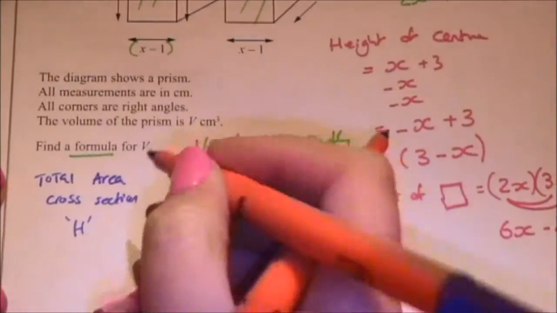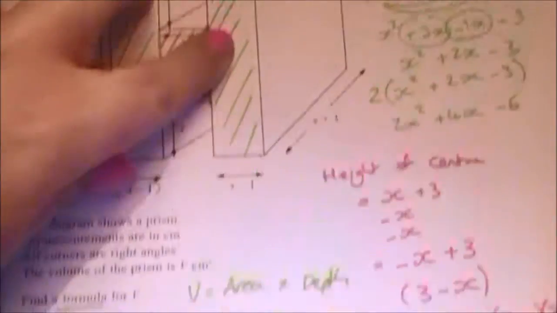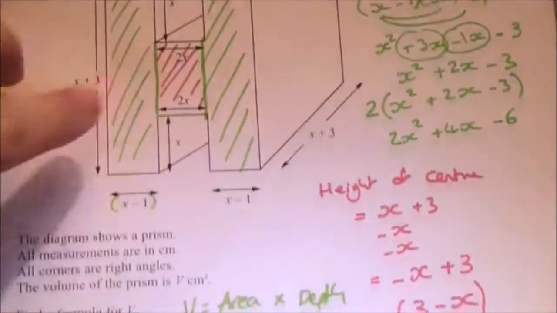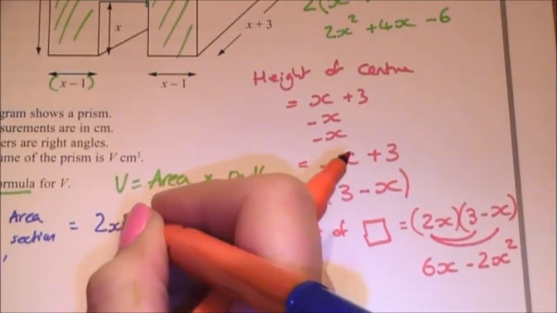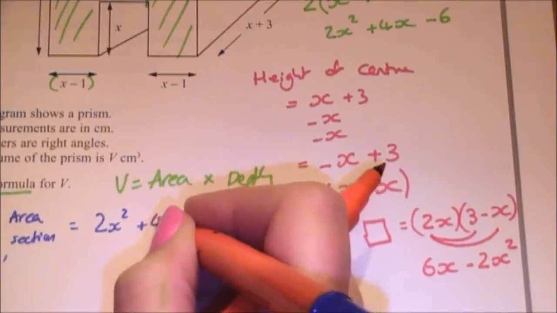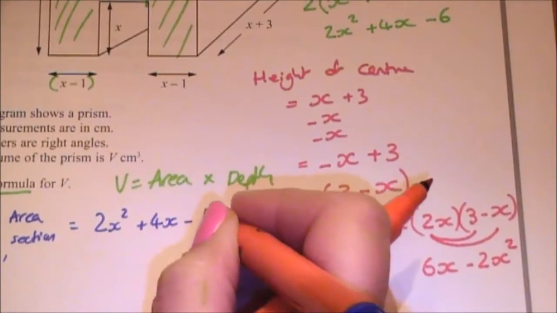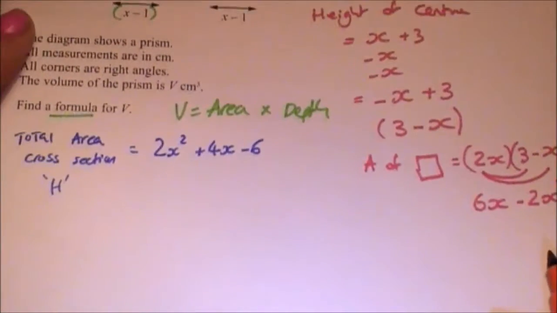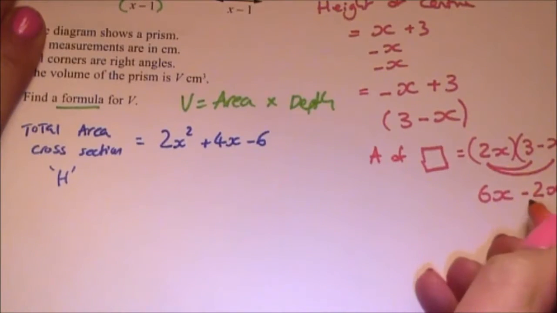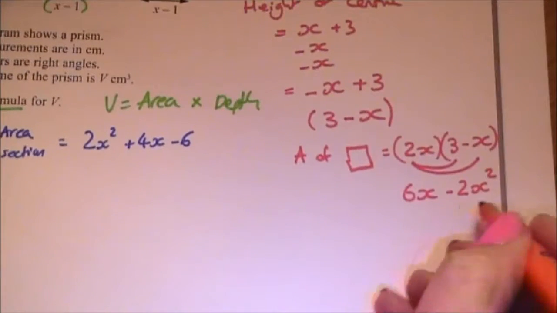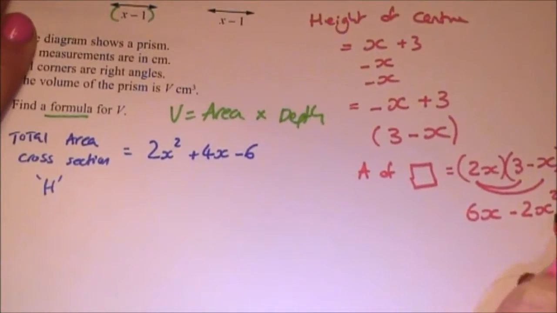That's the H shape. In order to do that, I take the 2 rectangles, which I found to be 2x squared plus 4x minus 6. And I'm going to also introduce the area of the little square.